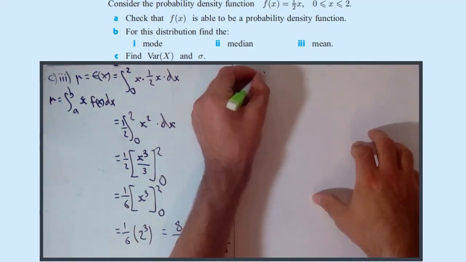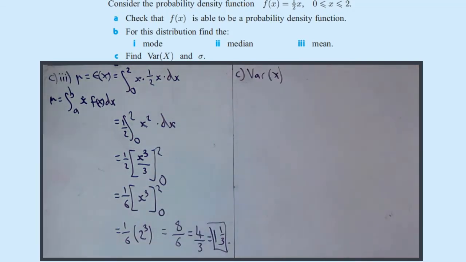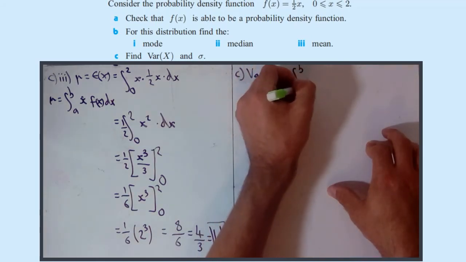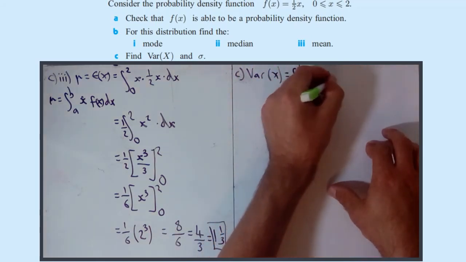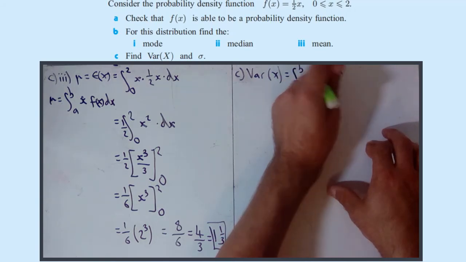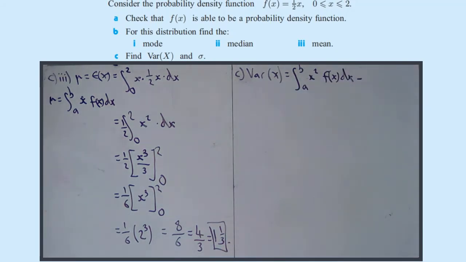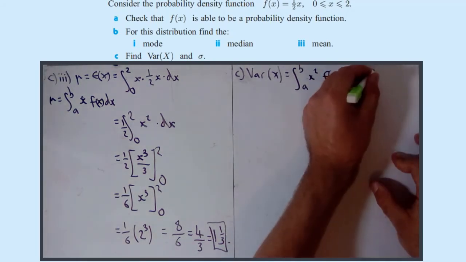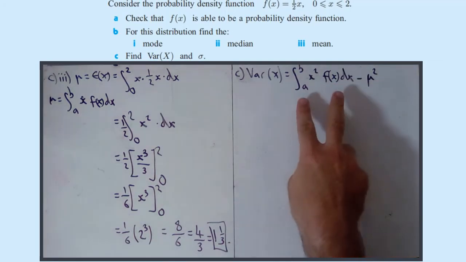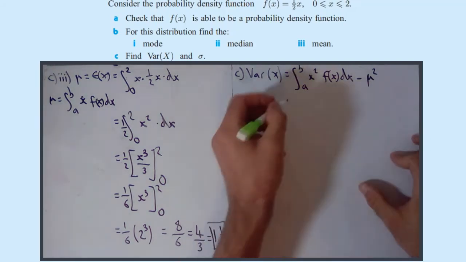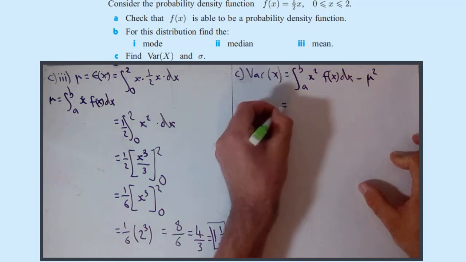So the variance of x for a continuous random variable is the integral between b and a of x squared f of x dx minus the mean squared. So it's the mean of the squares, the expected value of x squared, minus the square of the mean. Mean of the squares minus the square of the mean.